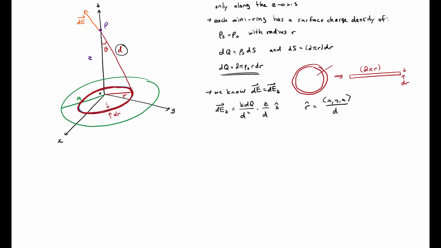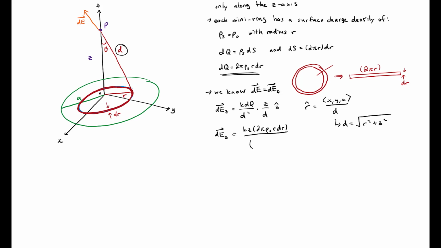So now we can try and simplify this even more. We have dEz is equal to kz dq. dq is 2 pi rho naught r dr. And we have d cubed, but we can figure out d. d is simply the square root of r squared plus z squared.